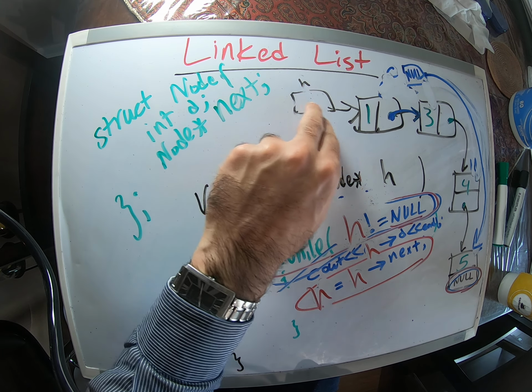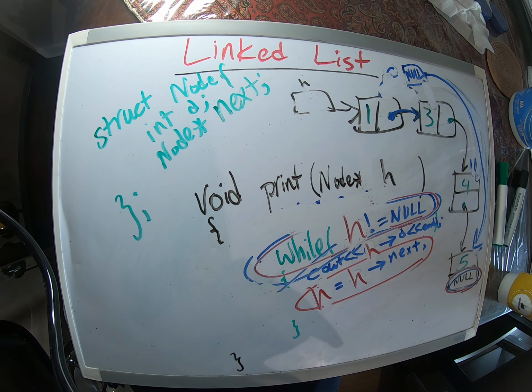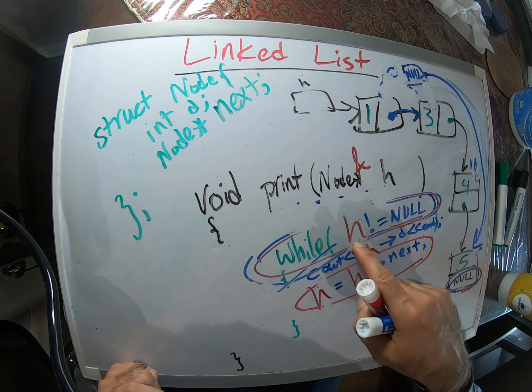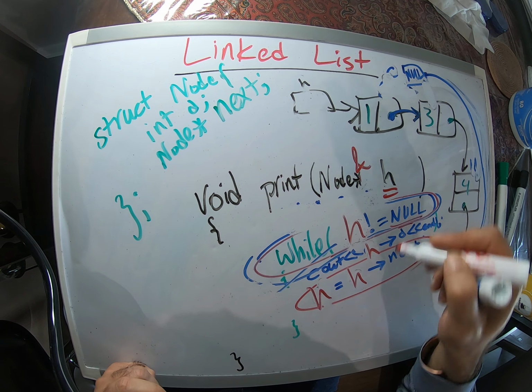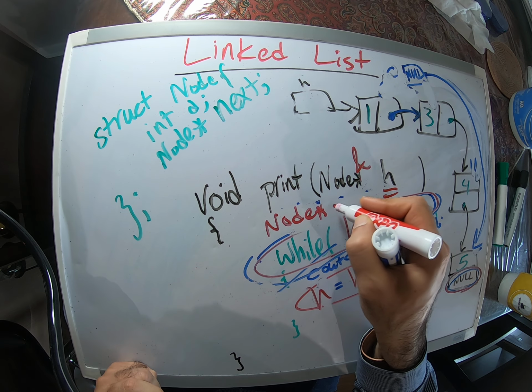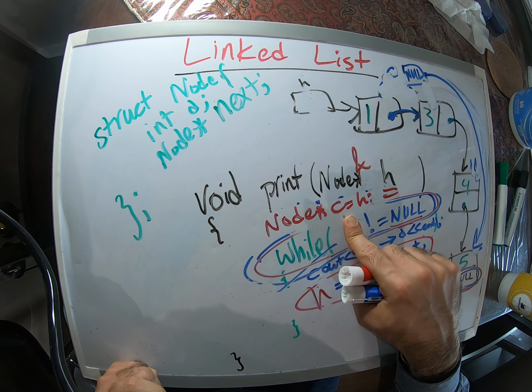We only need to know where it starts, and even if we change it, it doesn't really matter for this case. But if it was by reference, this would be a sin. This would be very wrong, because we don't want to change the H. In this case, it would be like this. This is better.